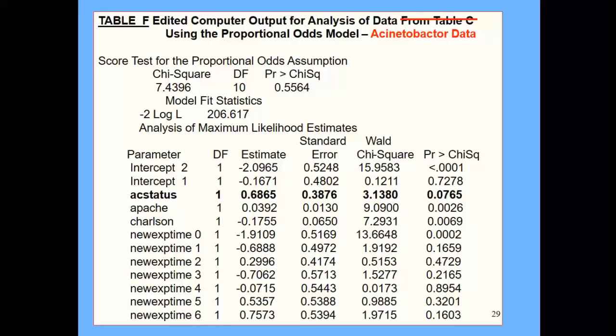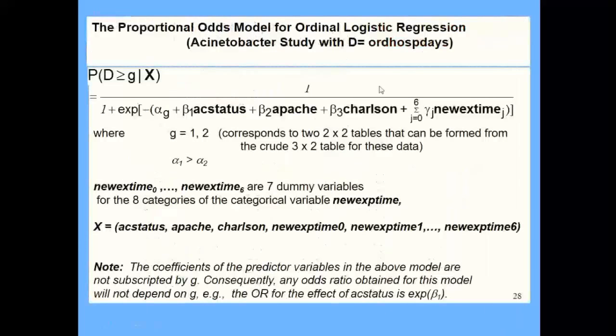Although you do see 2 intercepts, because if you go back to what the model looks like, there are two intercept terms when you're doing ordinal logistic regression. As a result, you get estimates of each of these intercept terms, and because of the characteristics of the model, one of them is always going to be larger than the other.